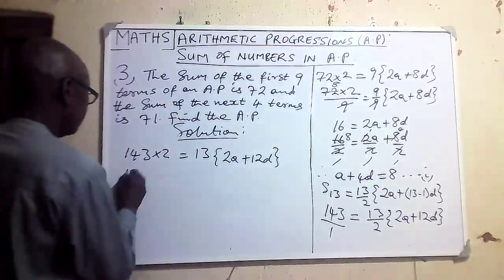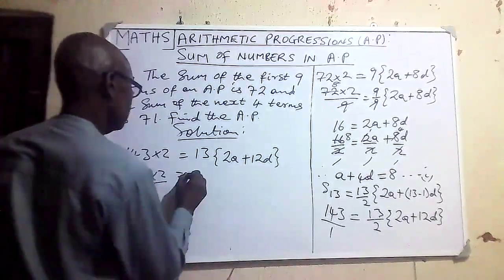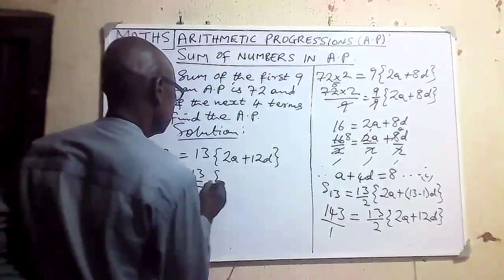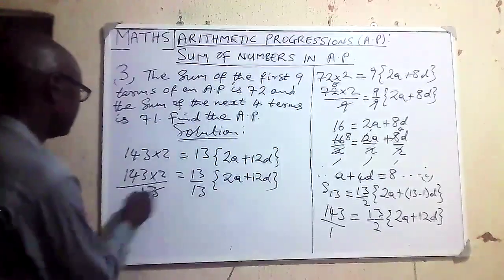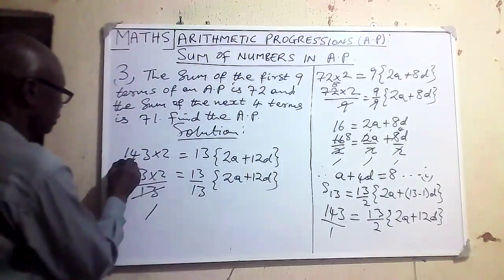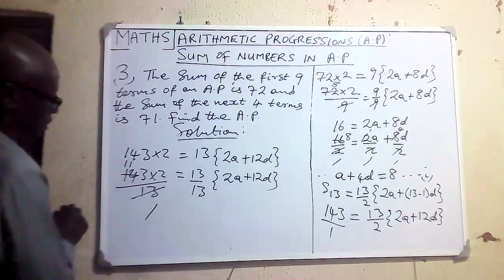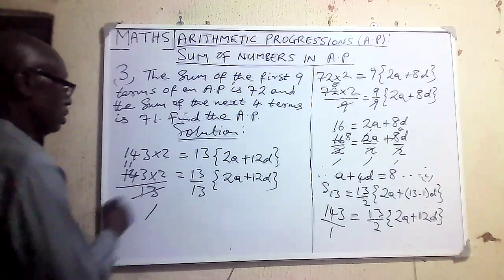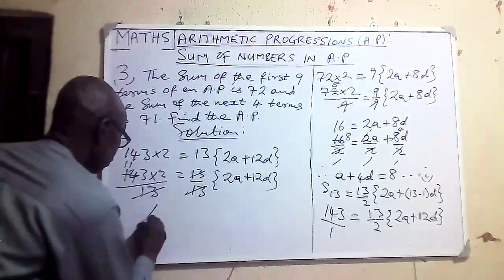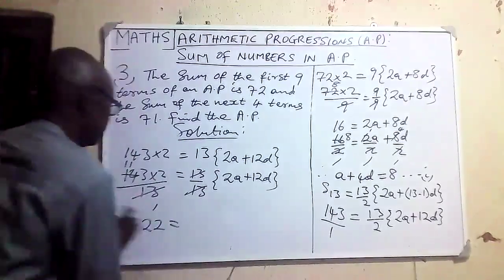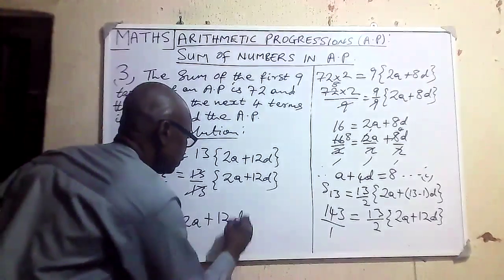So 143 times 2 all over 13, equal to 13 over 13 into 2a plus 12d. 13 here 1, 13 in 14 is 1. Remaining 1 in 13 is another 1. And that is 11. So this will divide. It means that 11 times 2, 22 is the same thing as 2a plus 12d.